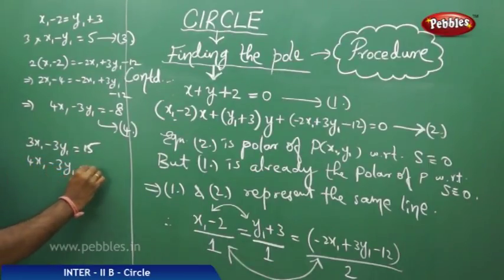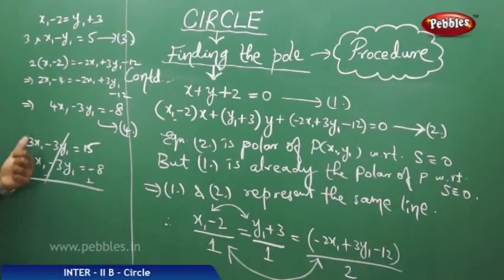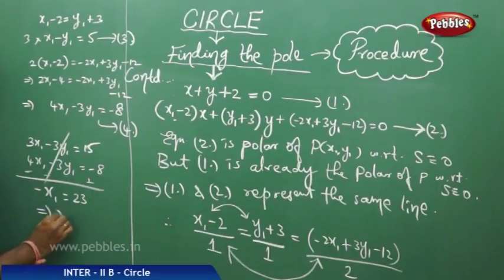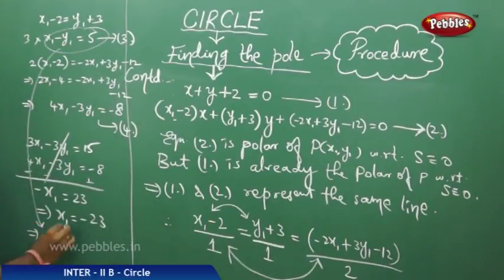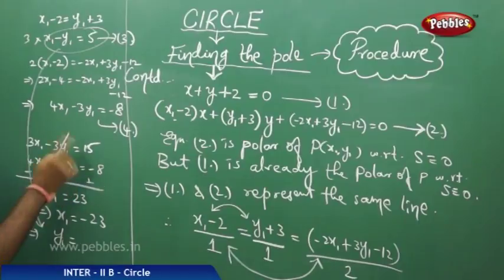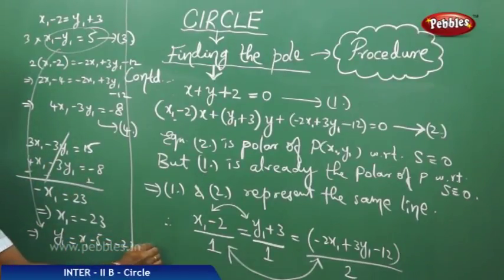Taking 4x1 minus 3y1 equals minus 8 and subtracting, this cancels the y1 term and gives me x1 is minus 15 minus 8, which is minus 23. That implies x1 is minus 23, which on substitution gives y1 equals x1 minus 5, that is minus 23 minus 5, which is minus 28.